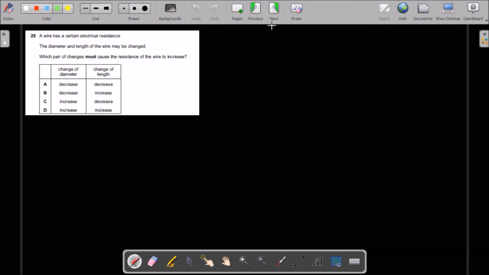Question 28. A wire has a certain electrical resistance. The diameter and length of the wire may be changed. Which pair of changes must cause the resistance of the wire to increase? Okay. In this question, we know that R is rho L over A. R is the resistance of a wire, rho is resistivity, L is the length of the wire, and A is the cross section.